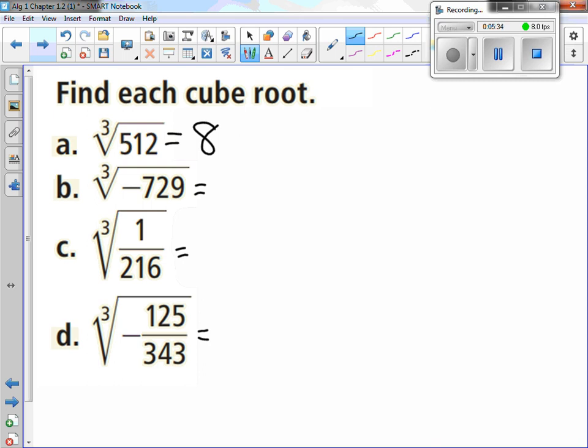So Lily, what did you get for the cube root of negative 729? 216 is not 4.